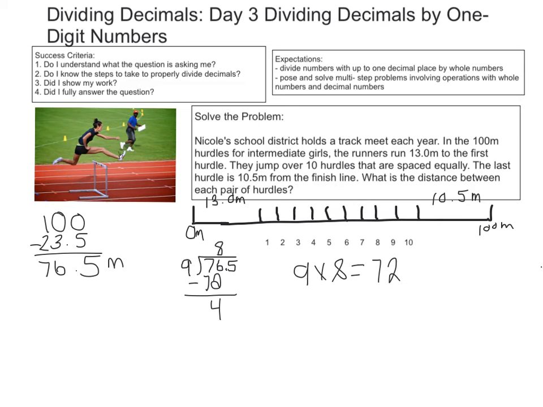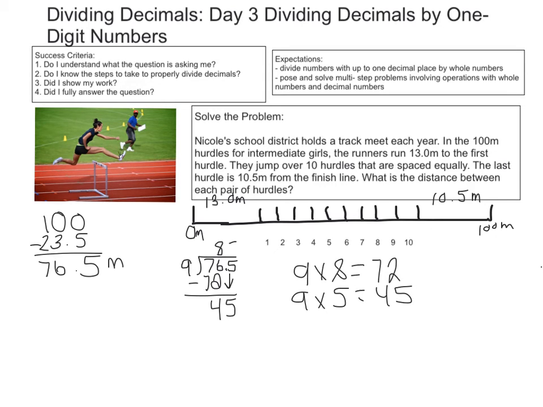And then we ask ourselves, how many times does 9 go into 4? But wait, we forgot a step. We have to bring down the 5. So how many times does this 9 go into the 45? Well, we know that 9 times 5 equals 45.